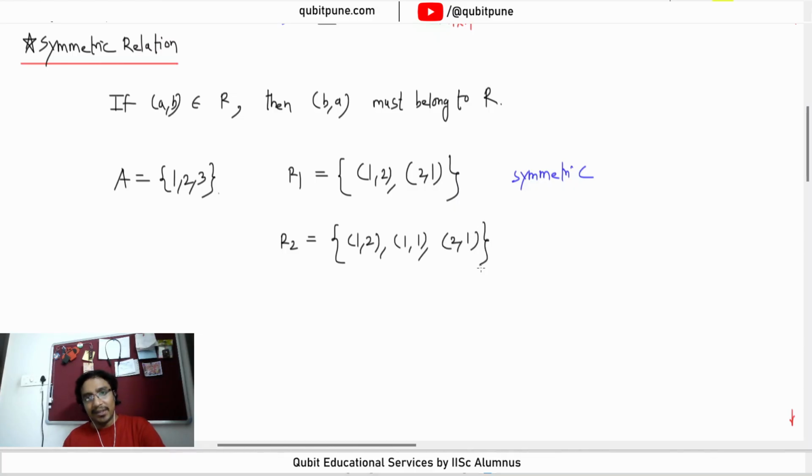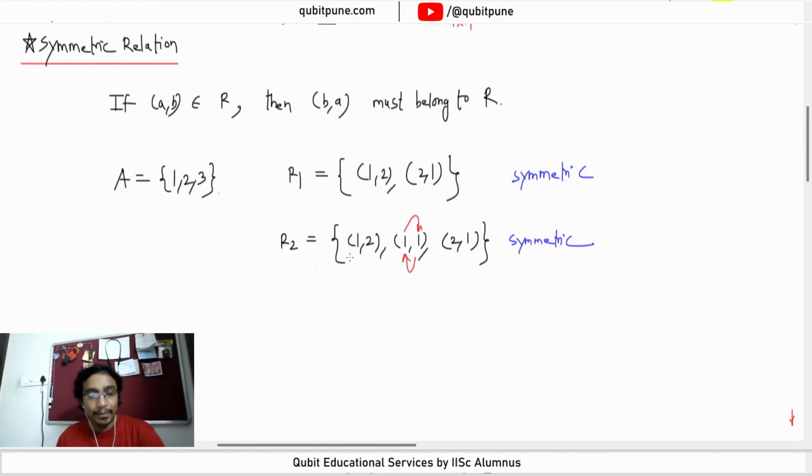Now can I call this a symmetric relation? Yes, I can. Why can I call this symmetric? Because even if I interchange the positions here, I'm still going to get the same.